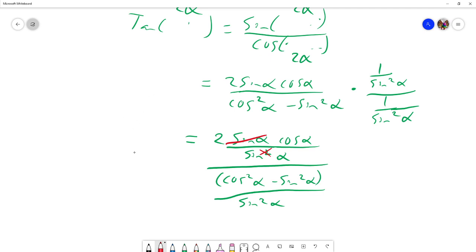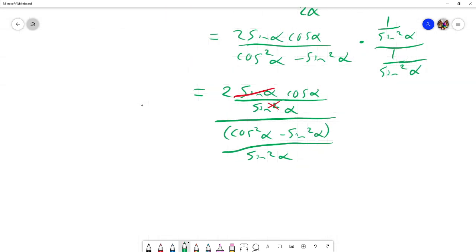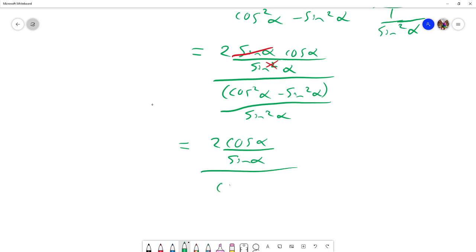And then we need to break up that denominator a little bit. So we get 2 cosine alpha over sine alpha in the numerator. And then this becomes cosine squared alpha over sine squared alpha minus sine squared alpha over sine squared alpha. We can note the sine squared alphas kill each other off, leaving you with a 1.